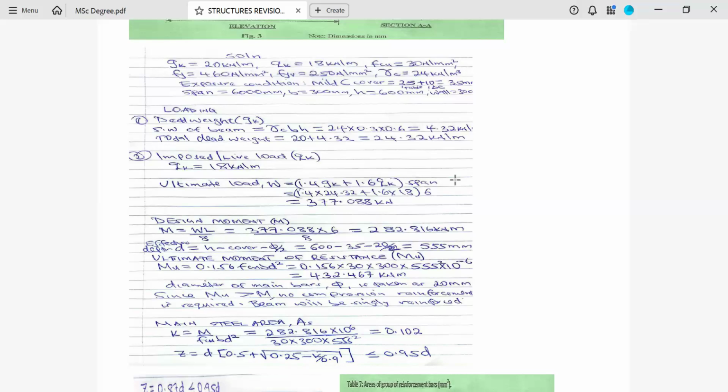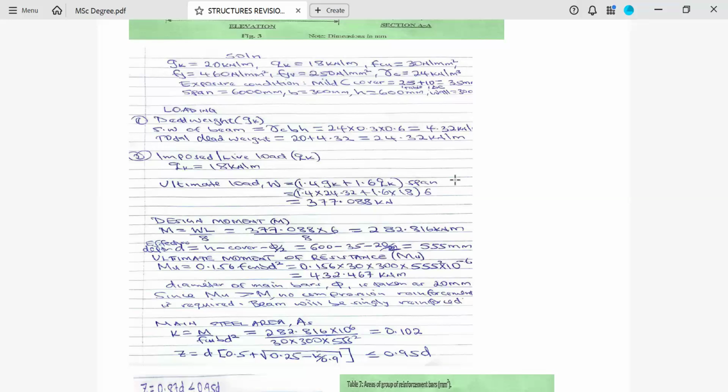Now let's proceed. Main steel area, As. Now we have to compute a coefficient K. Coefficient K is the design moment, take note, design moment M divided by fcu b d squared. Remember, fcu is the strength of concrete. Now the design moment was 282.816.